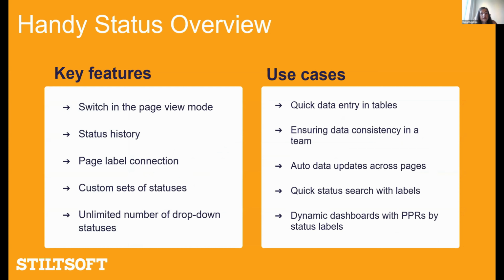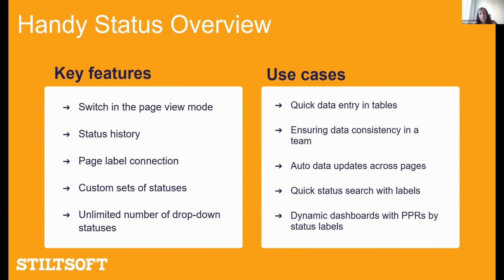So with this one, let's have a look at the key features of handy status. You can switch it in the page view mode. You can track status history. Our app allows you to see up to 15 changes of handy status. You can make use of page label connection, use custom sets of statuses, so the amount is not limited.